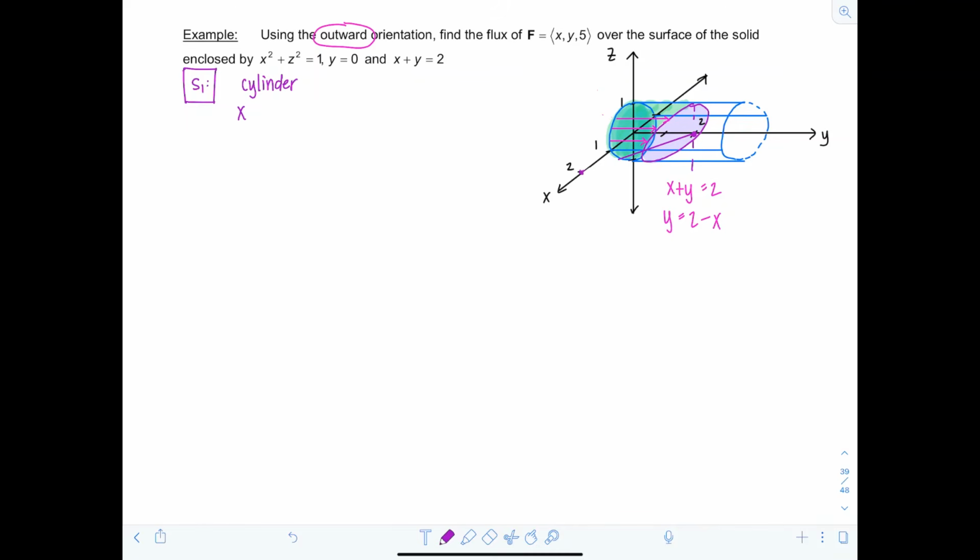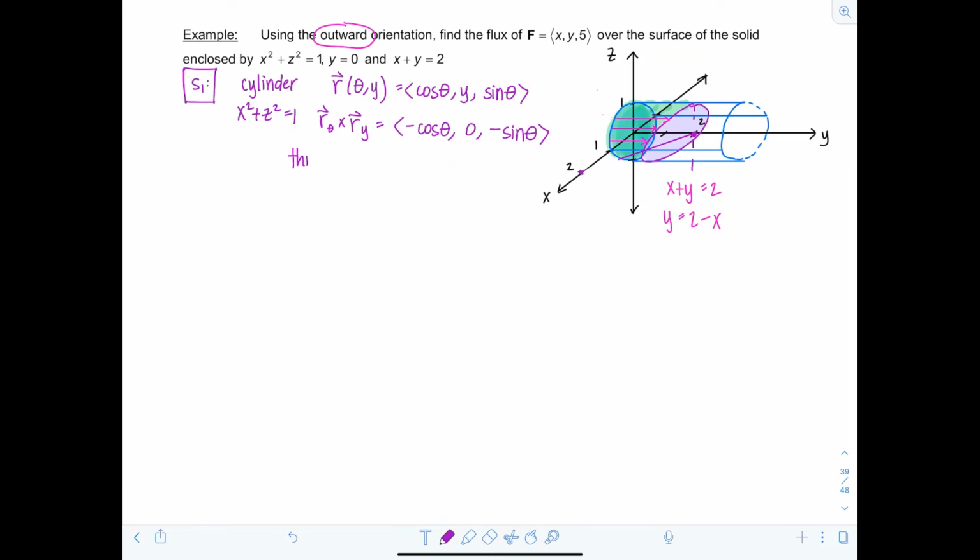So it was x squared plus z squared equals 1. So we used theta and y as our parameters. So we had cosine theta, y, and sine theta. And then we already took that cross product of the partials with respect to theta and y. And notice in this case, the components came out to be negative cosine theta, 0, and negative sine theta.